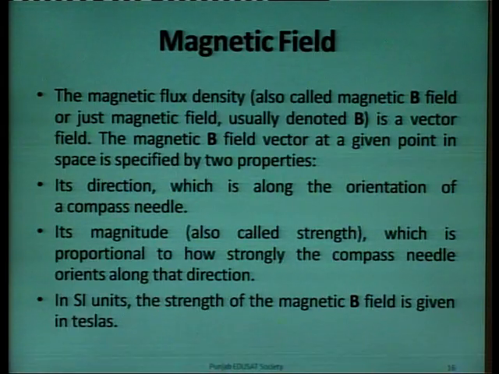In the SI system of international units, the strength of the magnetic B field is given in Tesla. So, the unit of magnetic field density is the Tesla.